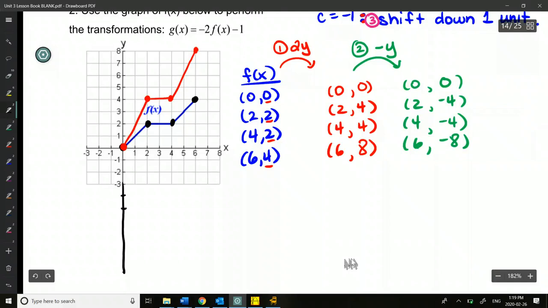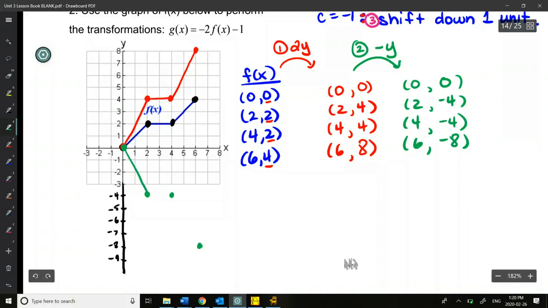So we'll do 4, 5, 6, 7, 8, 9. Okay, so now our new points are 0, 0, 2, negative 4, all the way down here, 4, negative 4, and 6, negative 8. So it's as if we're taking this red function and flipping it upside down.